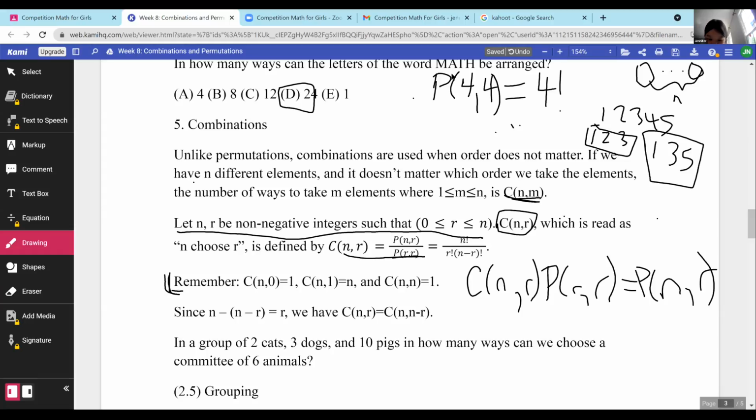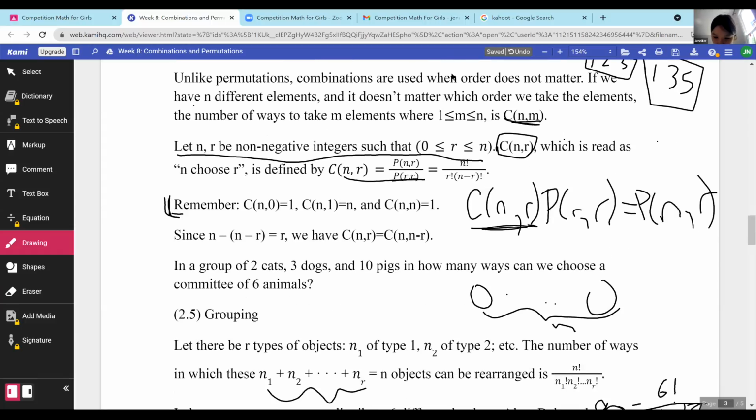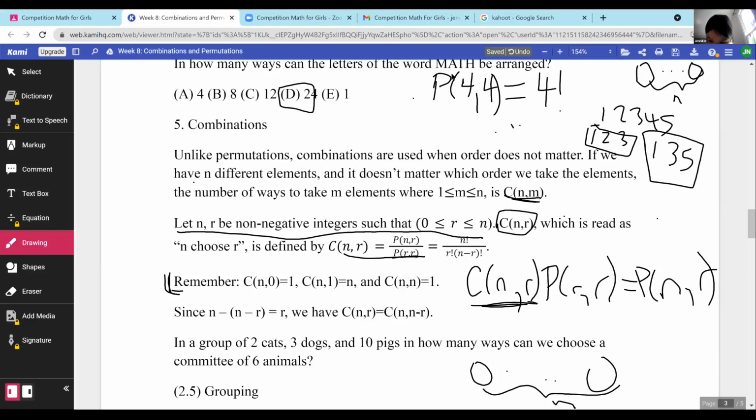Because if you first pick r of the n elements where order does not matter, that's n choose r. And then out of each grouping of r, you could arrange them in P(r,r) ways.